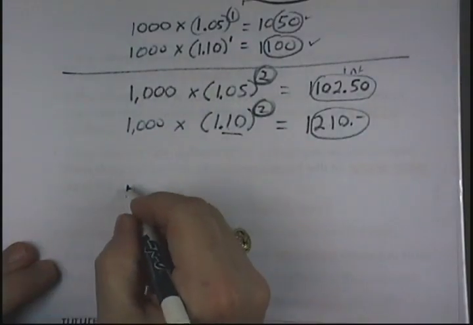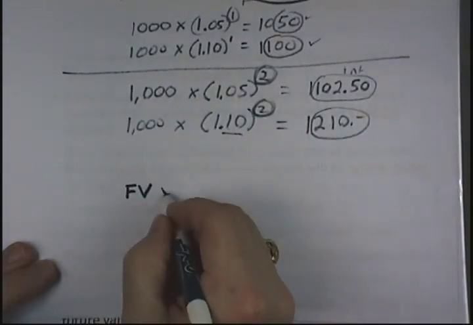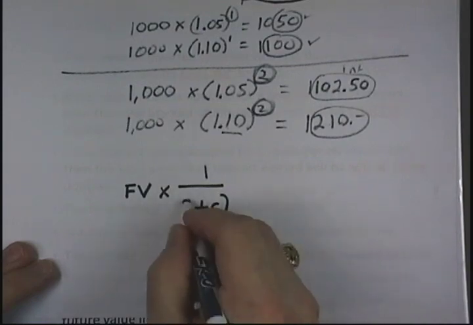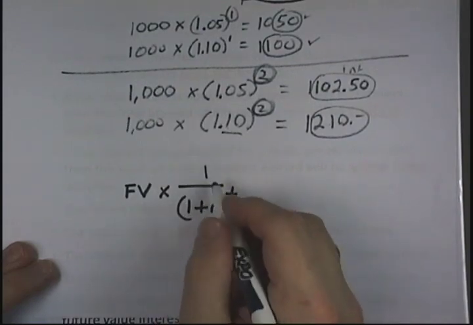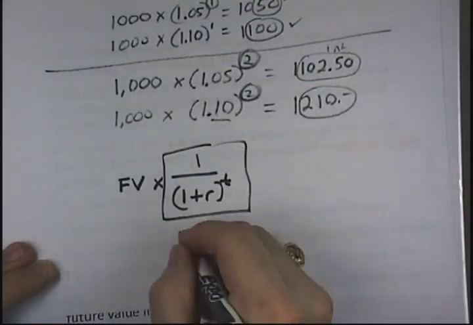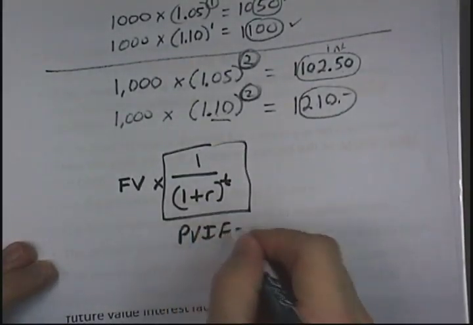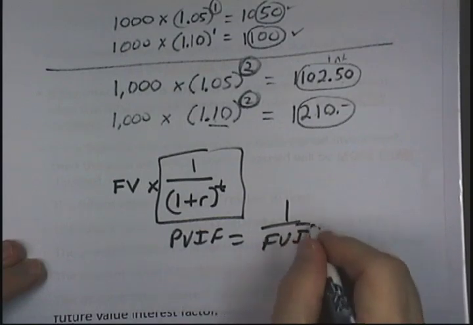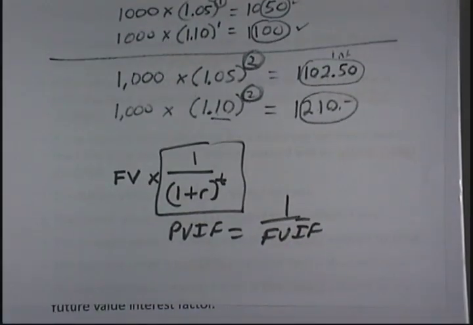When we want to take a future value and discount it, we multiply by the present value interest factor, which is 1 over the future value interest factor, or just the inverse of the future value interest factor.